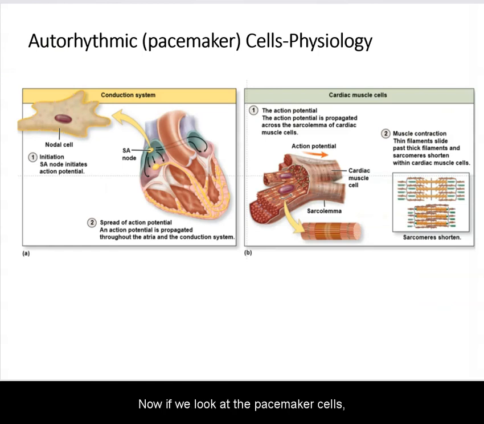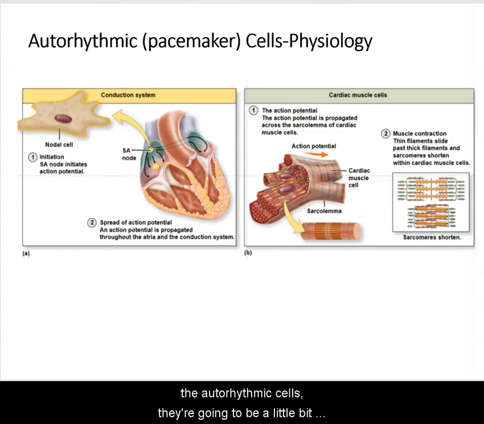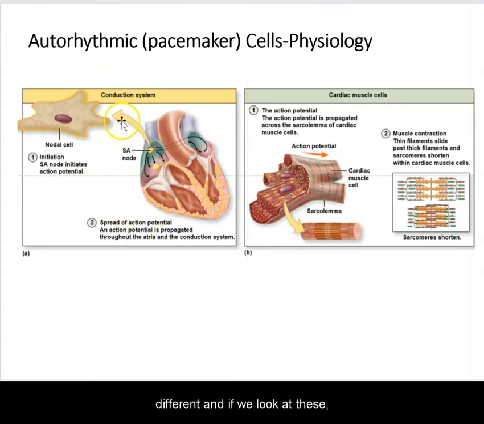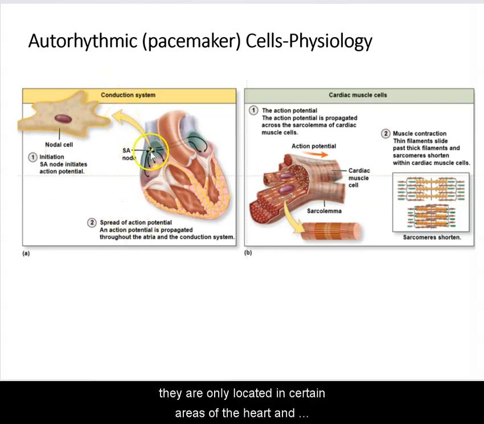Now, if we look at the pacemaker cells, the autorhythmic cells, they're going to be a little bit different. If we look at these, they're only located in certain areas of the heart. And you can kind of see the yellow here. So they're found in something called the conduction system. The conduction system has all the pacemaker cells. Think of this system like electrical wires in your heart.